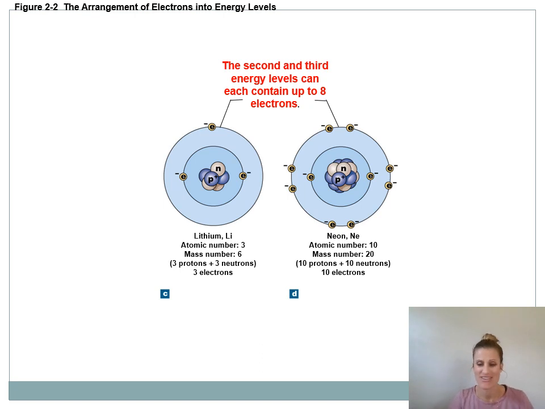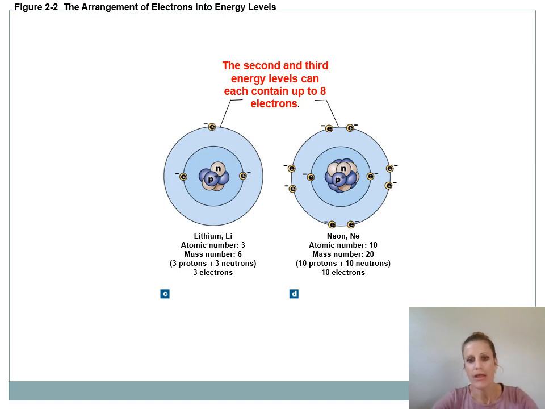So lithium is not happy, right? He's really reactive because this outermost shell is not full at all. It's not even close to being full. So he really wants to do something to try and get a full valence shell.